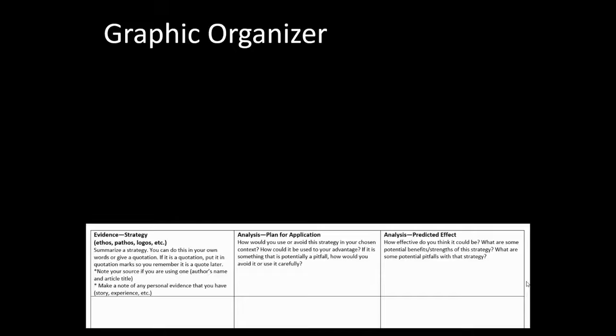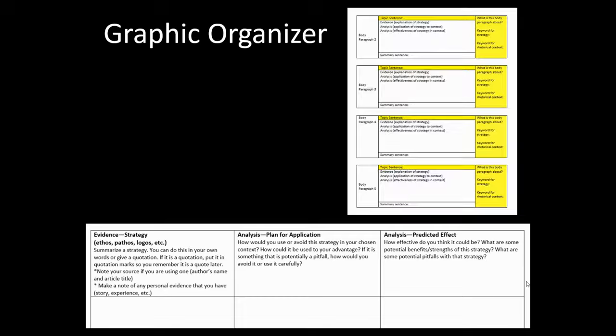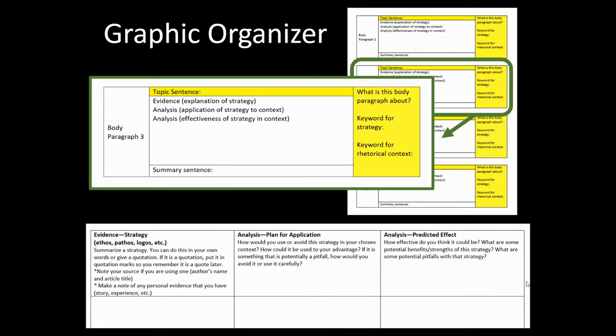At the top of the graphic organizer, you will have a description of what you need to be putting in that column. And there is a method behind our madness. The graphic organizer is tied directly to the outline to fill in later for major essay 2. If you look at the body paragraphs, you'll notice that there's evidence and then 2 types of analysis.